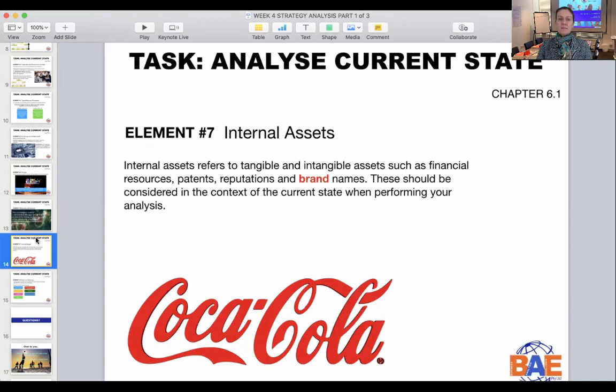So they really banked on the fact that they had such a strong brand and such a good reputation of being a trusted brand when they launched this particular prepaid Visa card into the market. And that really worked for them. And if they hadn't used that particular intangible asset or identified that they had that internal asset within their current state, then they may not have had that opportunity. So it's really quite an interesting one to keep in mind.